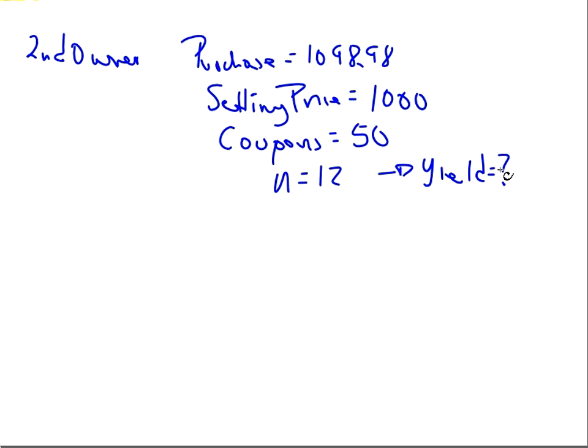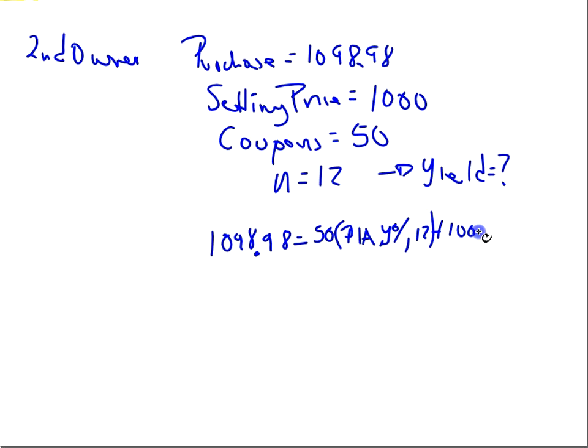So we can write the expression $1,098.98 should be equal to $50 times P given A with a yield that we don't know, and we have 12 periods of that, plus 1,000 times P given F for that same yield, discounting over 12 periods.